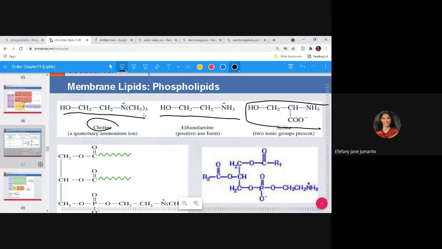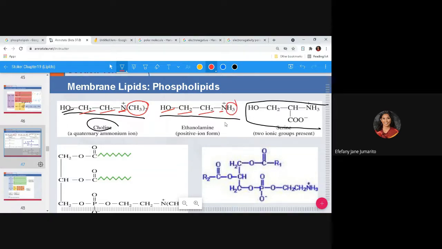Now take note of the difference. We have OH, then CH2, CH2, then N. The group bonded to our nitrogen here is a big molecule, CH3, while here it is only H3.